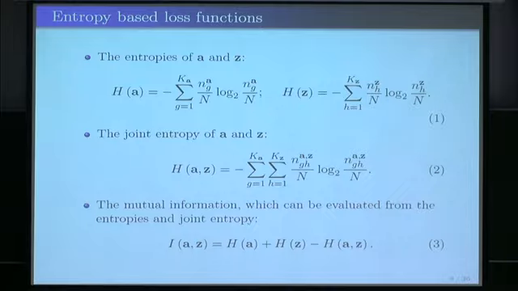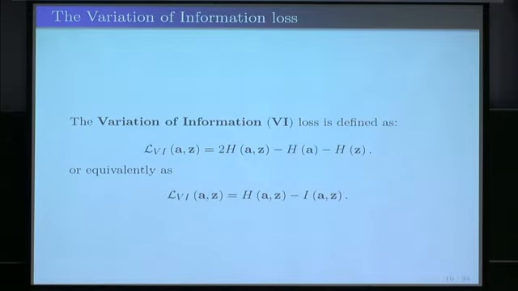The mutual information can be evaluated from the individual entropies HA and HZ minus the joint. And the particular loss function that we're going to focus on is called the variation of information loss. It's defined as twice the joint entropy minus the entropy for A minus the entropy for Z, or equivalently, the joint entropy minus the mutual information.